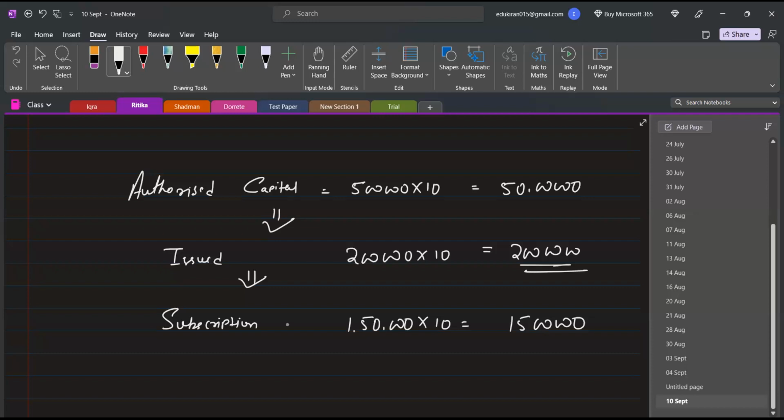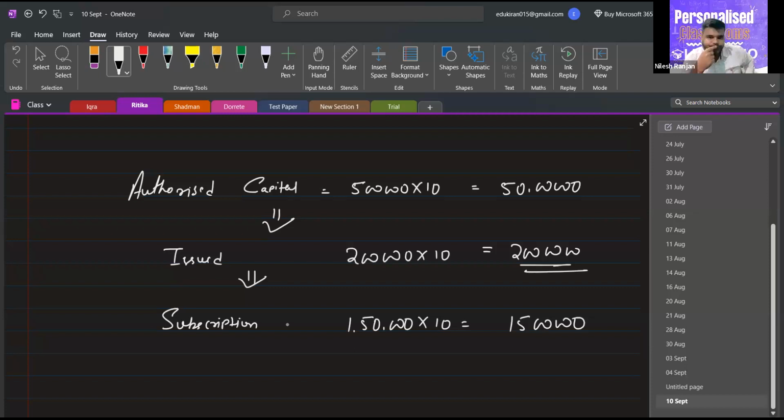After subscribed capital, there is called up capital. For called up capital, you have to assume that this 10 rupees is not asked in one installment, in lump sum. It is asked in 2, 3, or 4 installments. Let's say we have asked our shareholders only for 8 rupees per share.